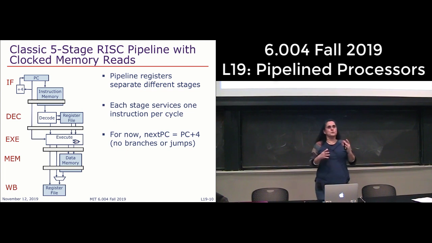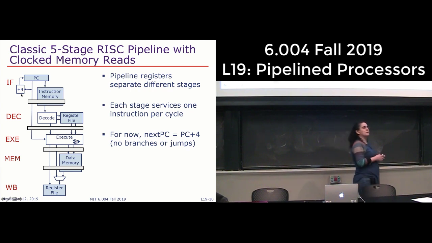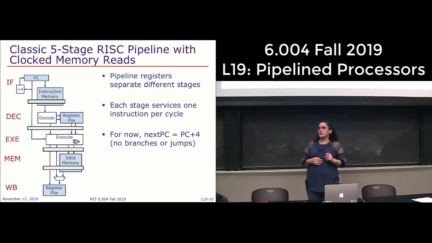For the most part, everything is the same about this circuit, right? I have my pipeline registers, which are separating my 5 different stages of execution. Each stage is servicing 1 instruction at a time. And for now, I'm still just dealing with PC always being incremented by 4, and so I'm not looking at branch instructions at all.